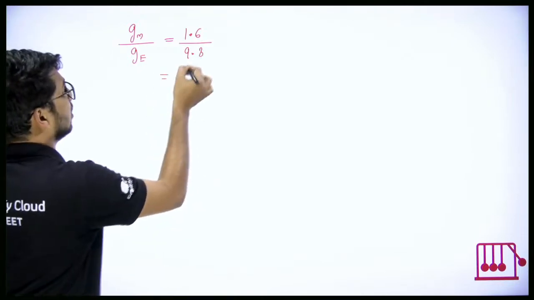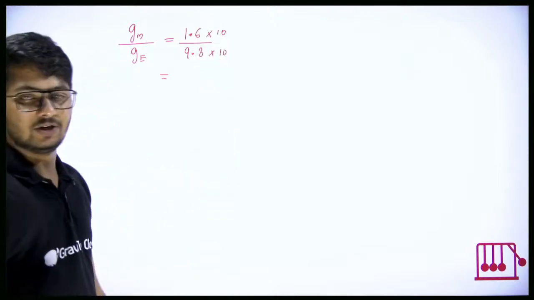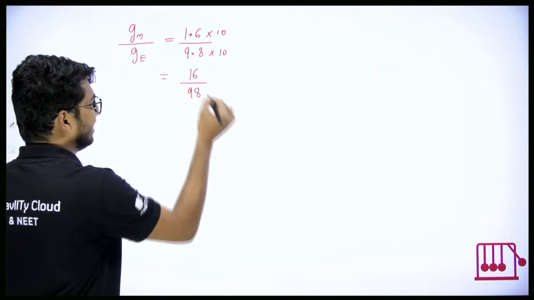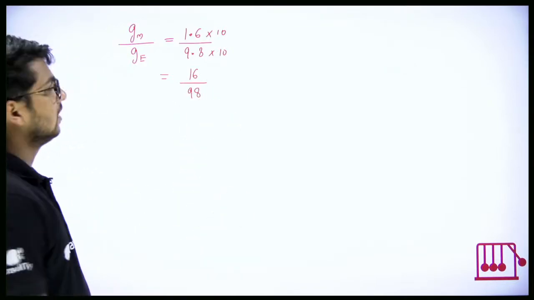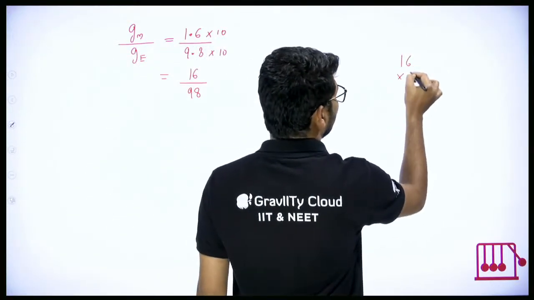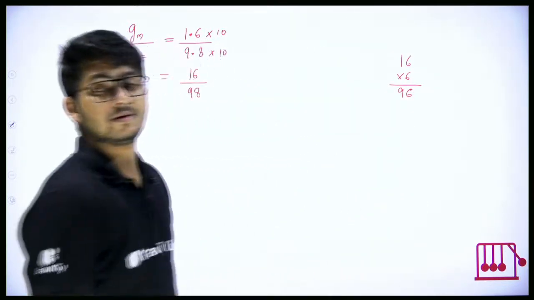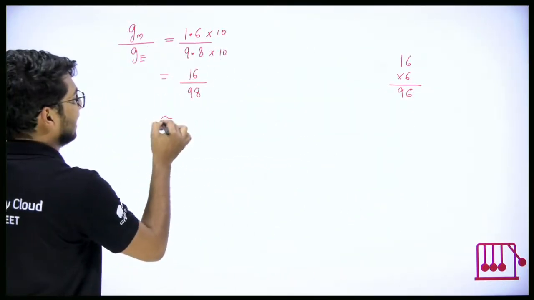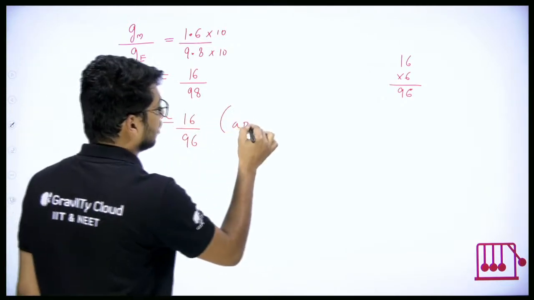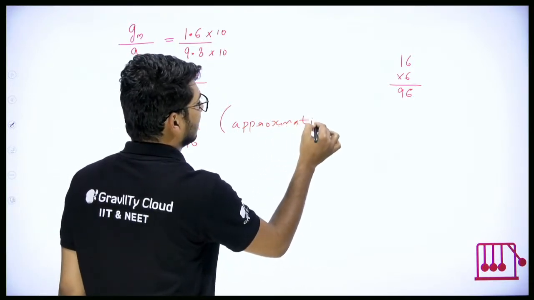If you multiply both numerator and denominator by 10, you get 16 upon 98. Now look at this: 16 into 6 is equal to 96. So this is almost equal to 16 by 96. It's an approximation. We are going for an approximate value, not an exact value.